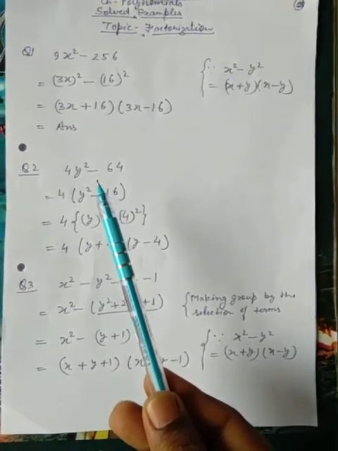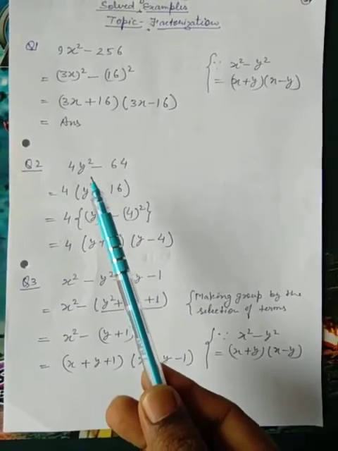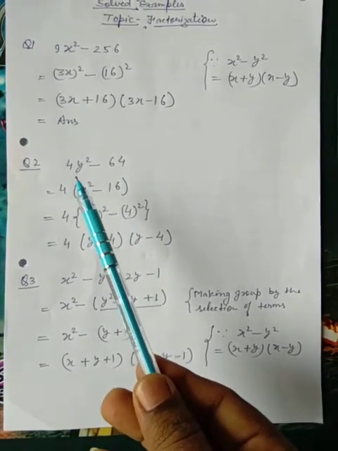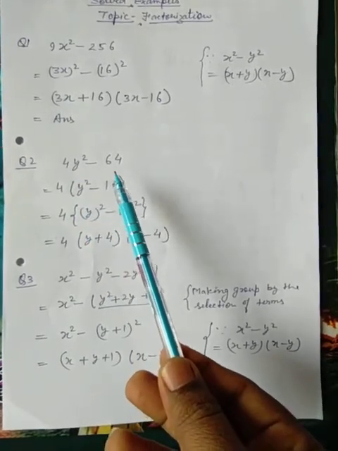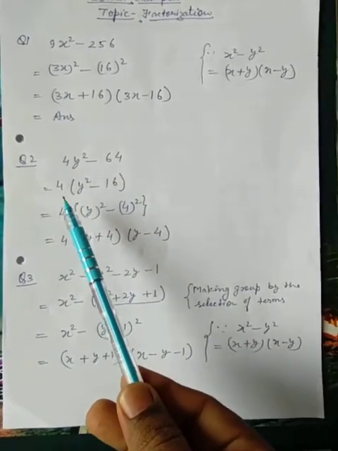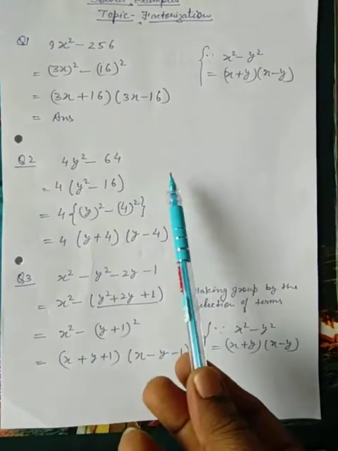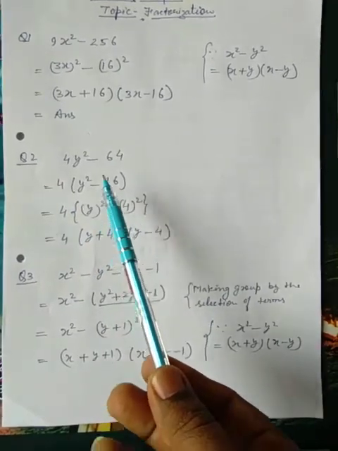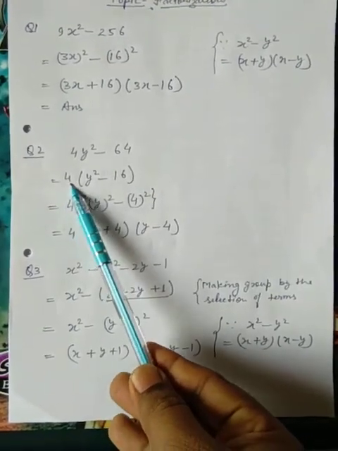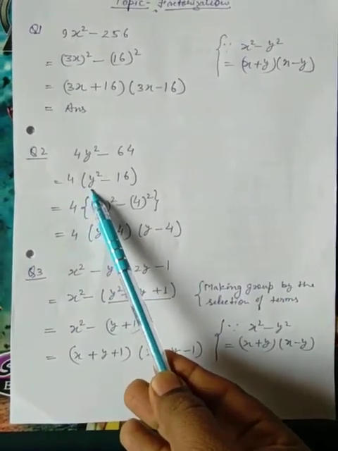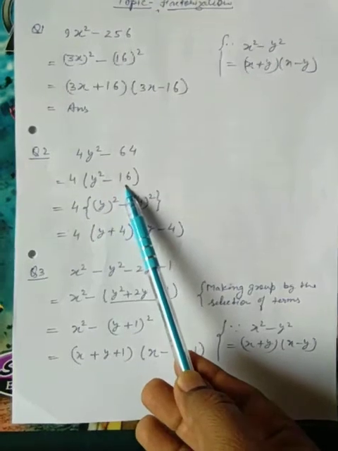This is actually the first step. Looking for the common, yes, there is a term, that is 4. 4 is common between 4y square and 64, so we can take the common. If no common is there, then we will solve the question as we did in question number 1. So first we will take the common 4. Now the remaining terms are y square minus 16.